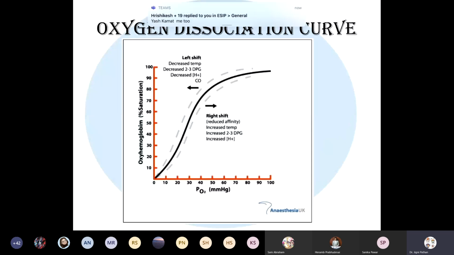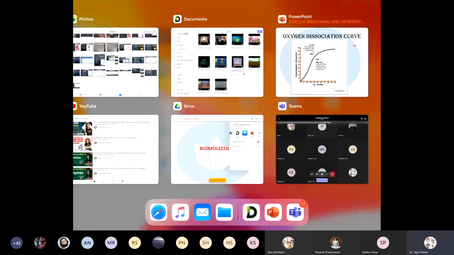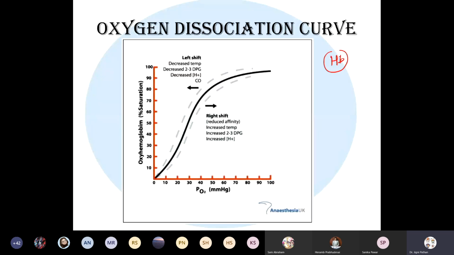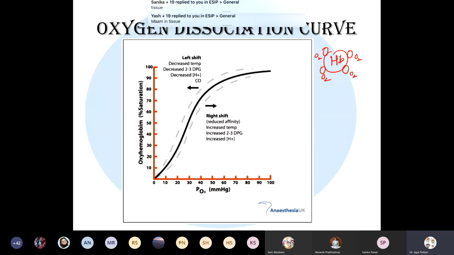Hemoglobin binds to oxygen, 1, 2 and 3. Now tell me, where does the dissociation happen, in the tissue or the alveoli? Where is the dissociation of oxygen from the hemoglobin happening? Everybody, quickly. Rishikesh, yes. Very good. It's in the tissue. Everybody agree with this, right?